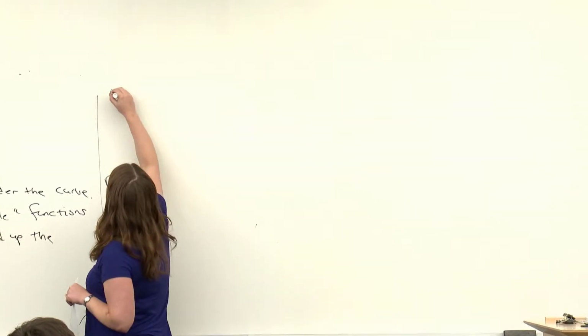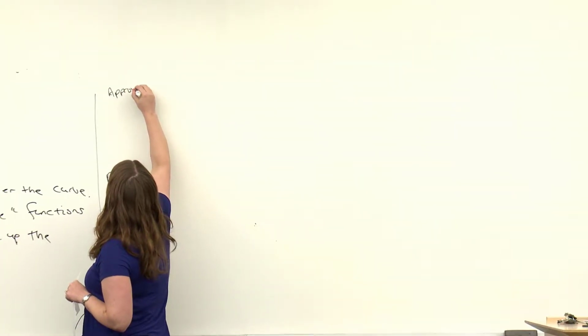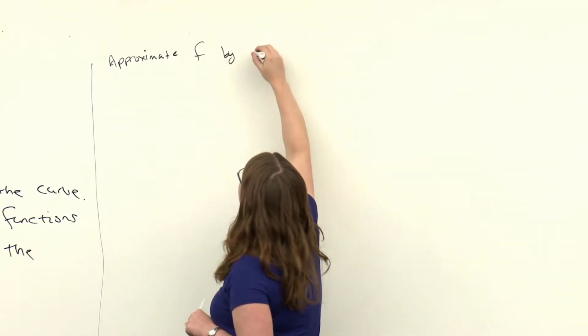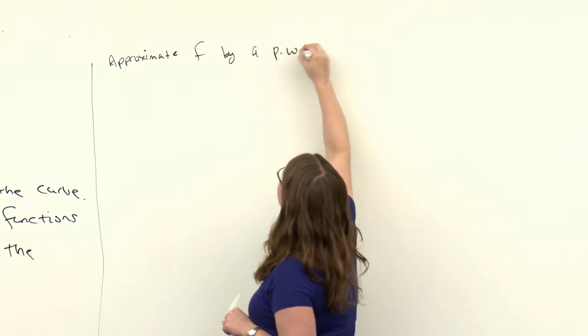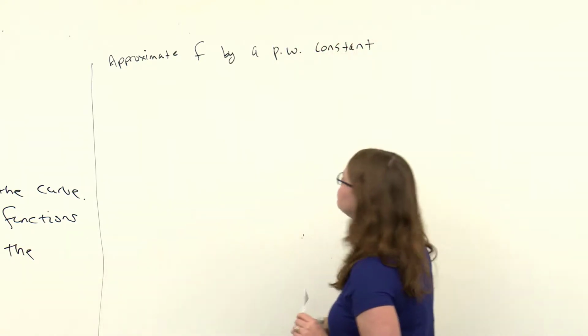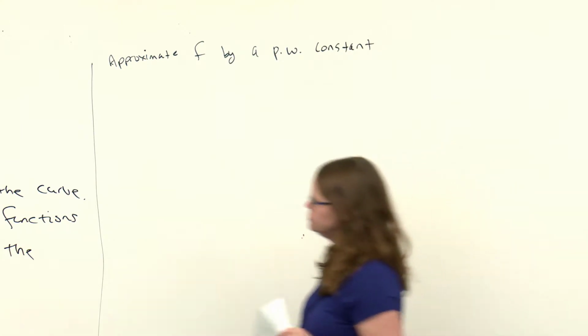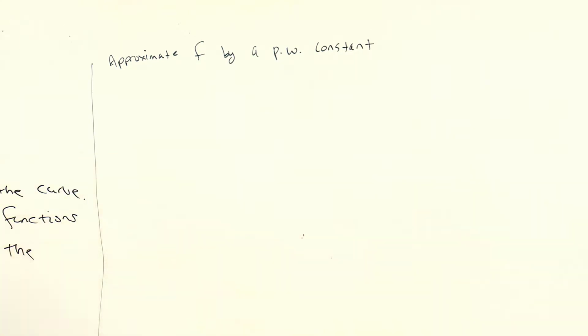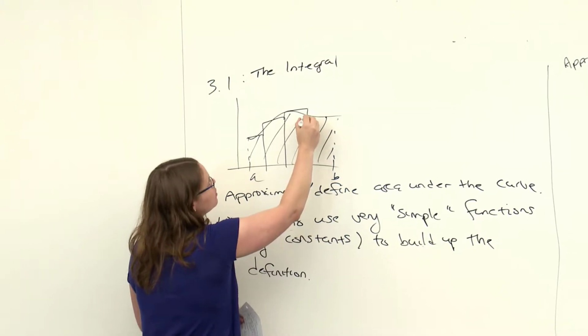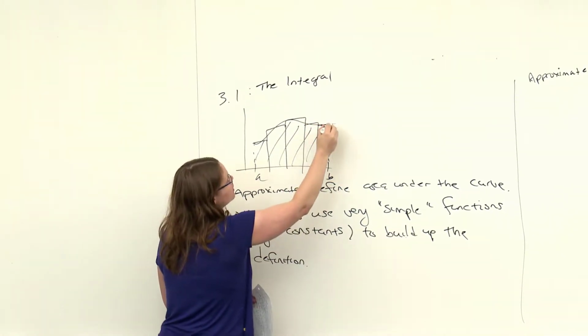So let's try to approximate f by something that is piecewise constant. Right, so I might have one value of a constant here, one value of a constant here, one here, one here, one here.